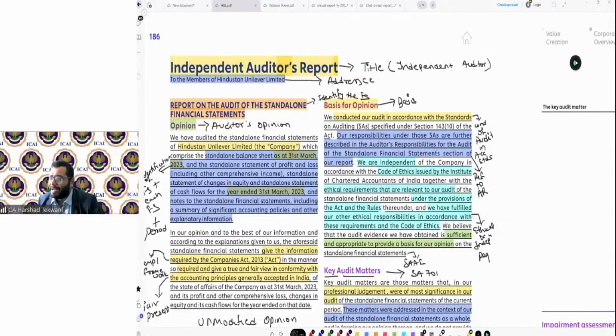Then only you will be able to understand what is the difference here. Is this a comparative financial statement or corresponding numbers?